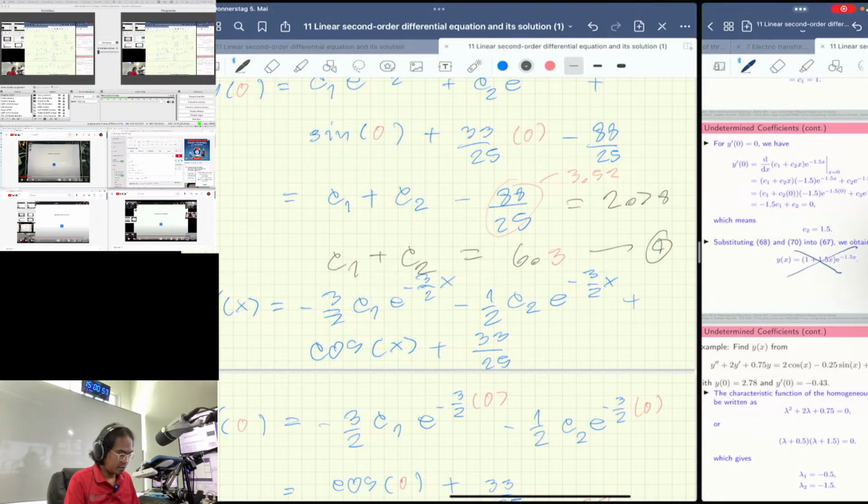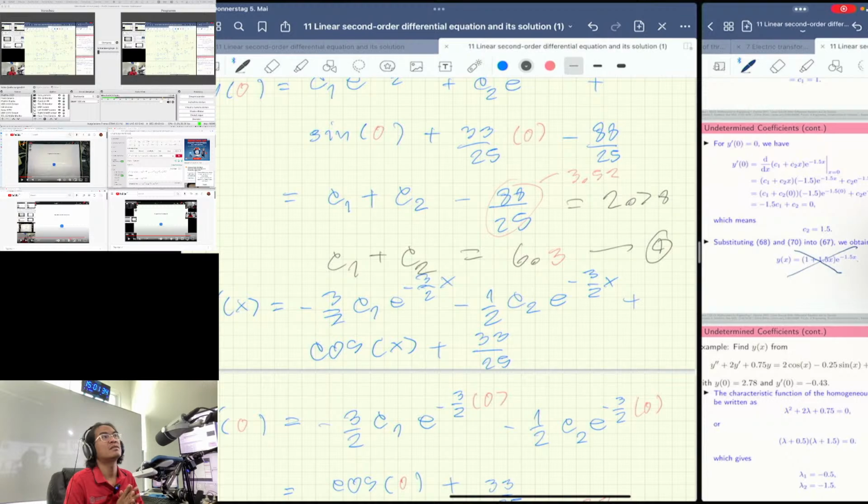y double prime, right, plus 2y prime plus 0.75y equal to 2 cosine x minus 0.25 sine x plus 0.99x.